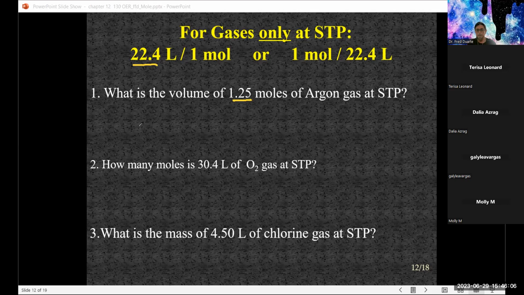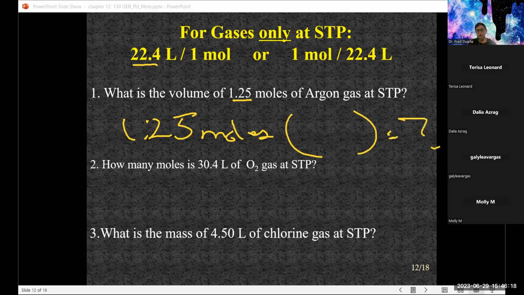What is the volume? We write down like any other problem. I hate to sound redundant, but I can't overemphasize that. Write down what we're given, okay, and what we're looking for, liters, and obviously we're talking about argon gas. And so we want liters in the numerator, moles in the denominator, okay?